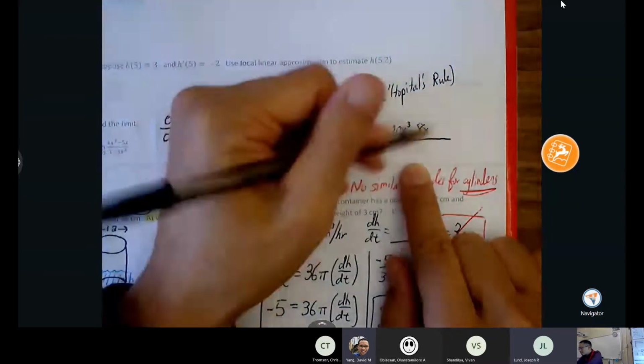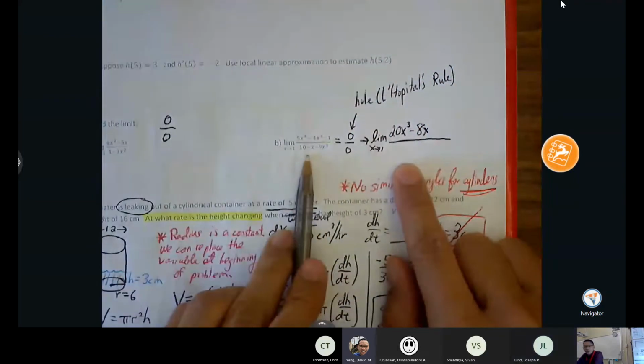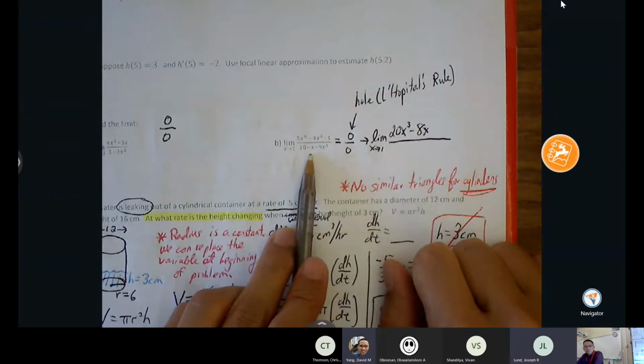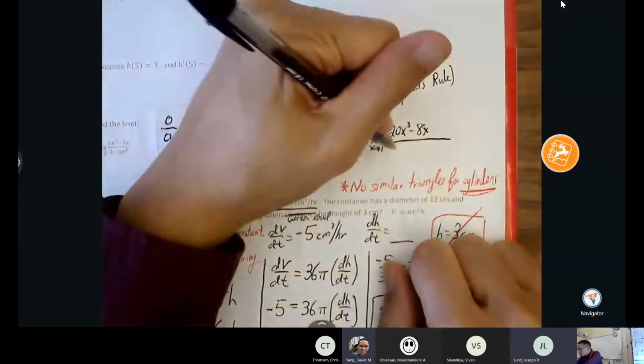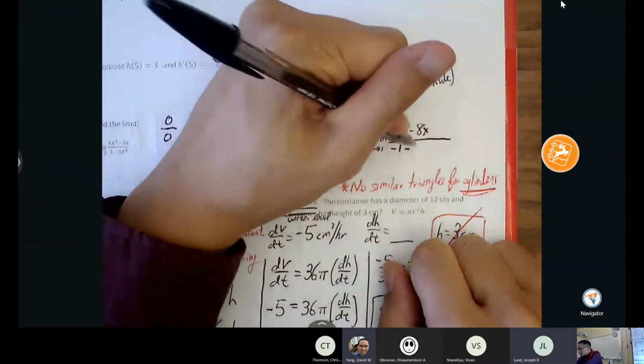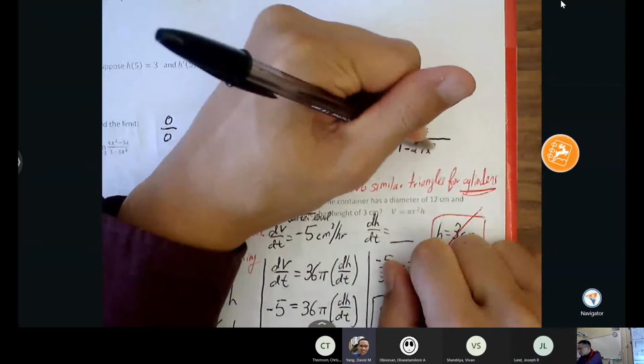Good. And then for the bottom, would it just be negative 1 minus 27x squared? Good.